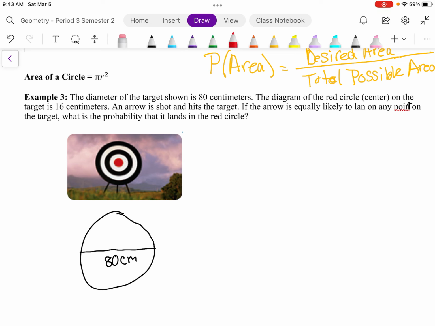So that means in the middle we have a red circle, and that is 16 going across. An arrow is shot and hits the target. If the arrow is equally likely to land on any point on the target, what is the probability that it lands in the red circle?